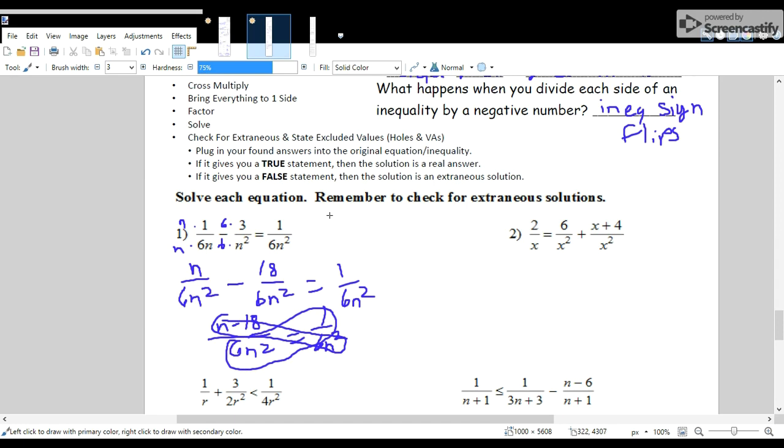So now we have 6n cubed minus 108n squared. And then that equals 6n squared.